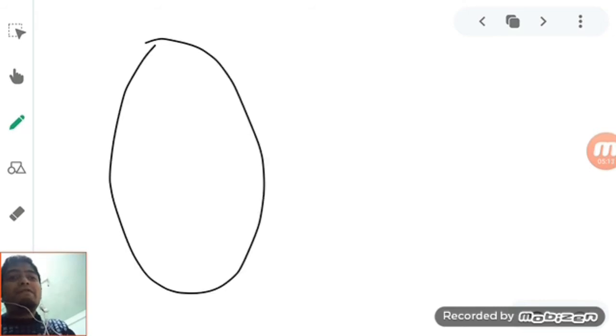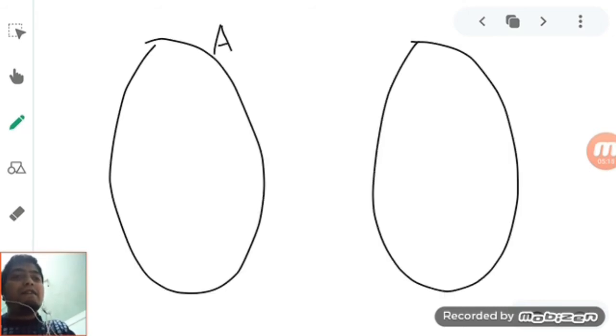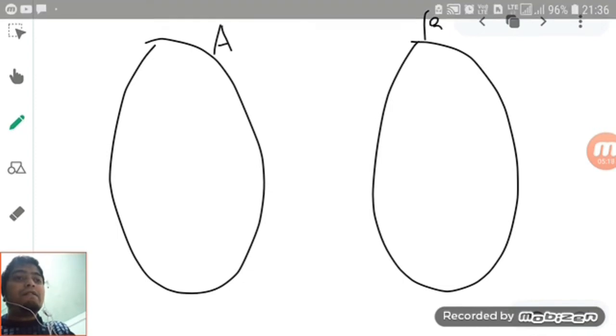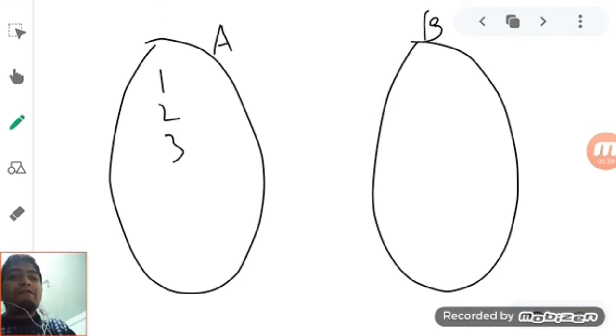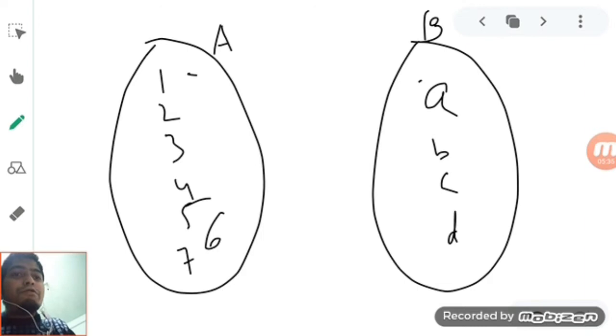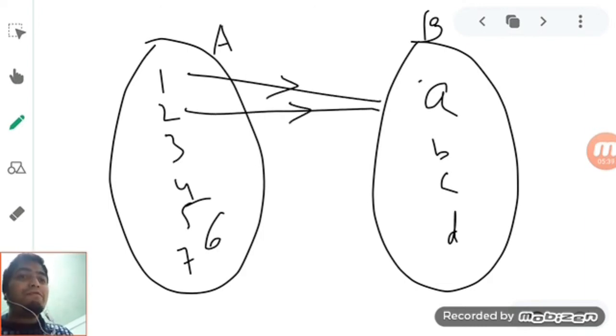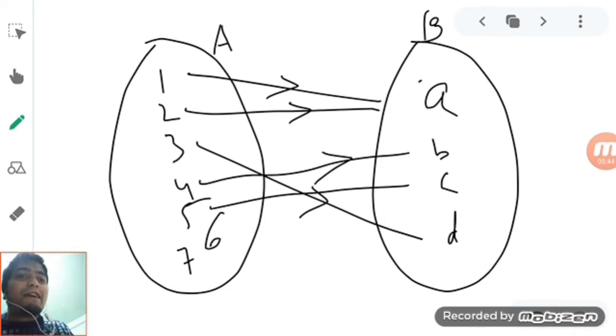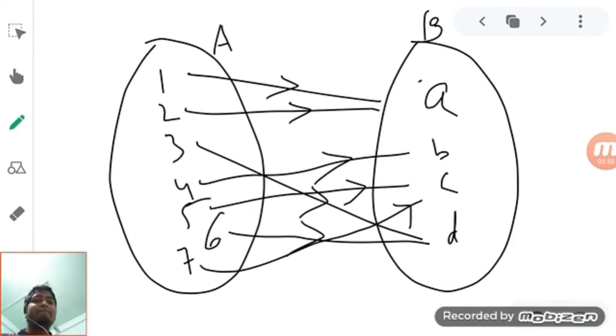So if you have these sets A and B, suppose you have these elements here, just a rough idea of what an image and pre-image is: 5, 6, 7, and A, B, C, D. Suppose you have a function like this. 1 goes to A, 2 goes to A, 3 goes to D. It can be arbitrary as you like. And 7 goes to C.